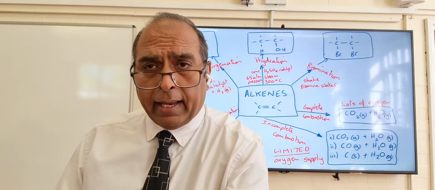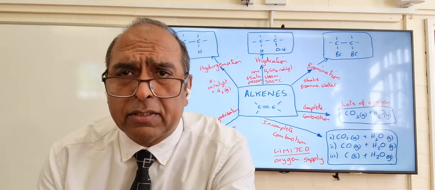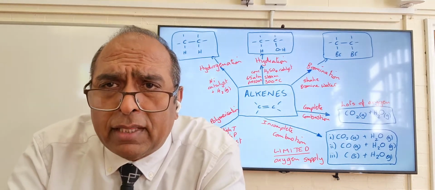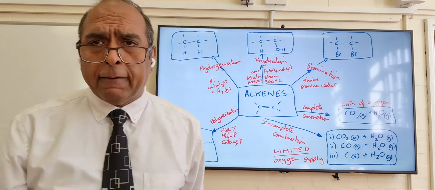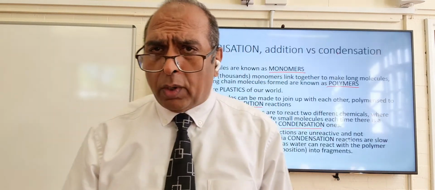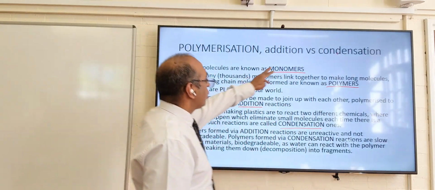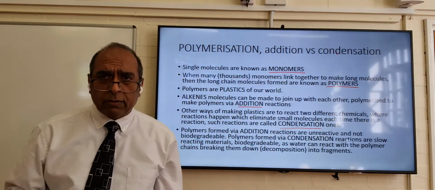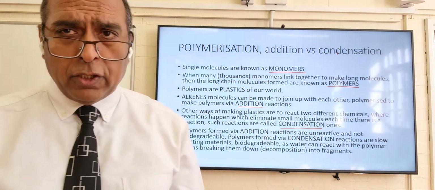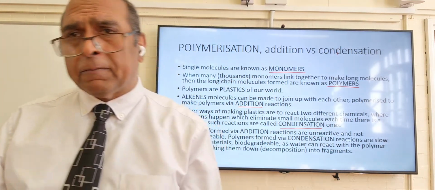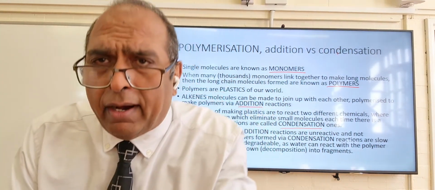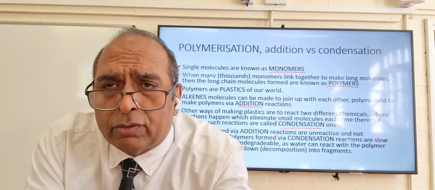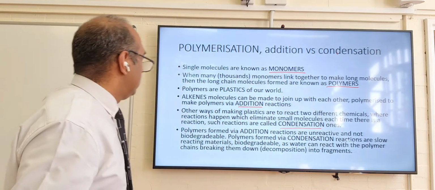One of the hardest things on my syllabus is for my students to understand the difference between addition polymerization, which is what we've talked about, and condensation polymerization. Condensation polymerization is different to addition polymerization. Children find it really hard, and I'm hoping to explain it. I'm hoping that by the end of the video you'll know what the difference is.